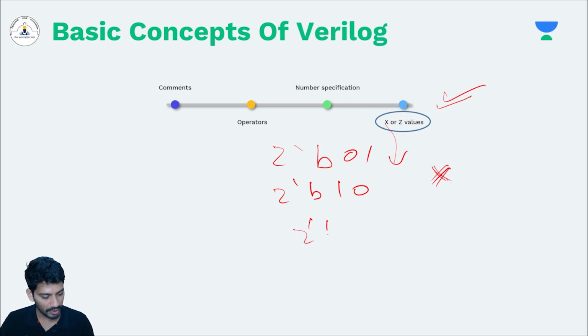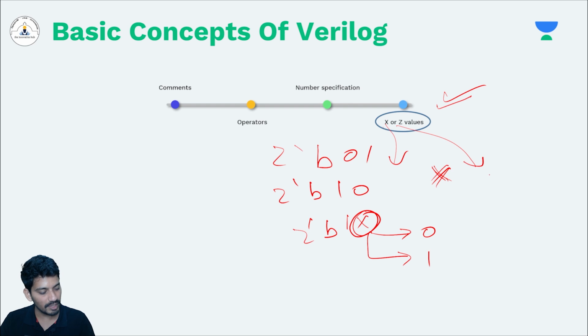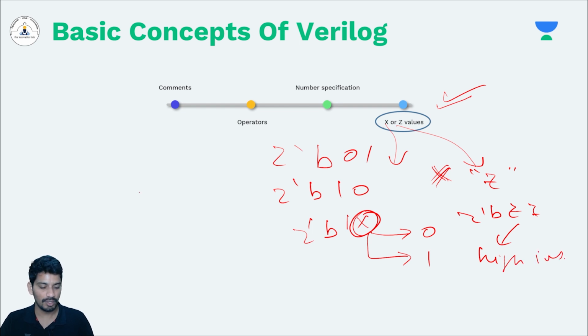If you want a don't care like this, 2 tick b 1x, here the x specifies that it can be either 0 or 1. The value z specifies whether the node is in a high impedance state or not. In some cases you want the circuit to stay in a high impedance state. In that case, you can use this operator z.